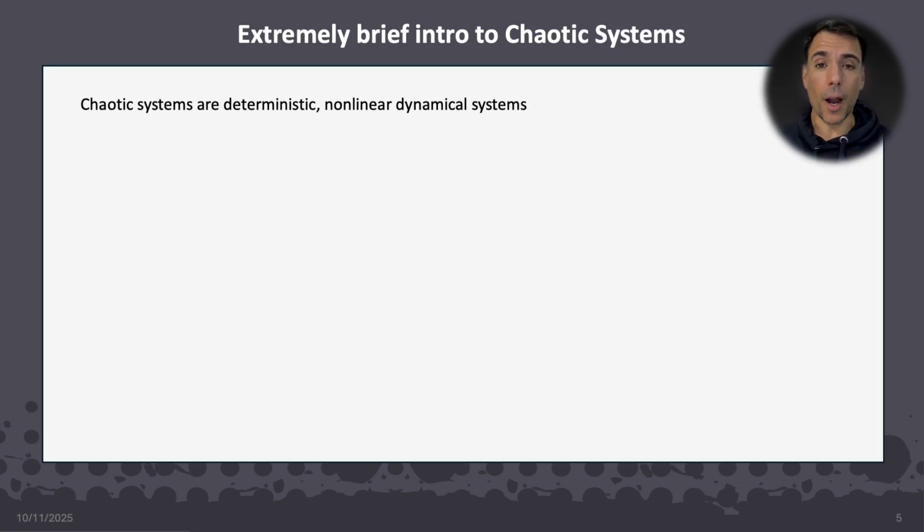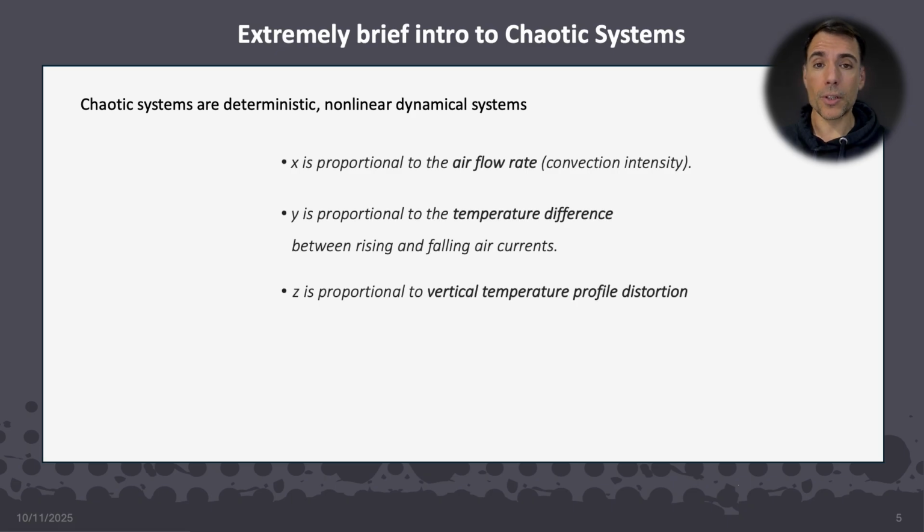Chaotic systems are deterministic, nonlinear, dynamical systems. Dynamical means that they have behavior or state that changes over time. For instance, these variables, x, y, and z, they're the state of a system.